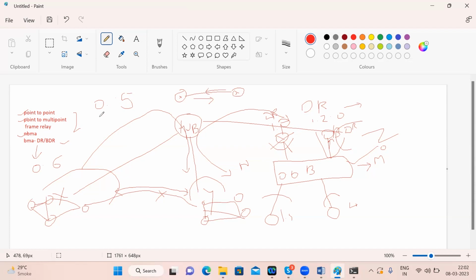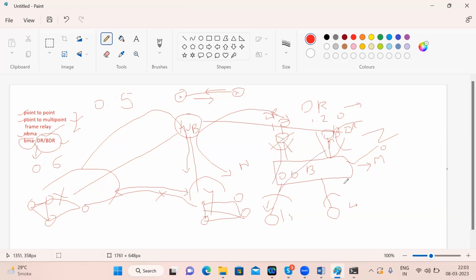Similarly, if you have a point-to-multipoint network, they will use the simple multicast address 224.0.0.5. Same if you have an NBMA network, they will use 224.0.0.5. But in the case of a BMA network where a DR and BDR election takes place, every router gets updates from the DR router.